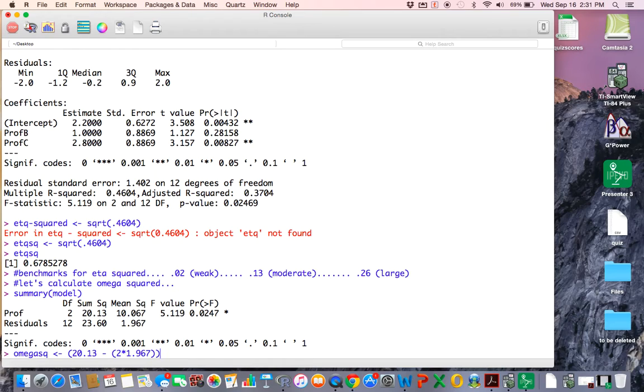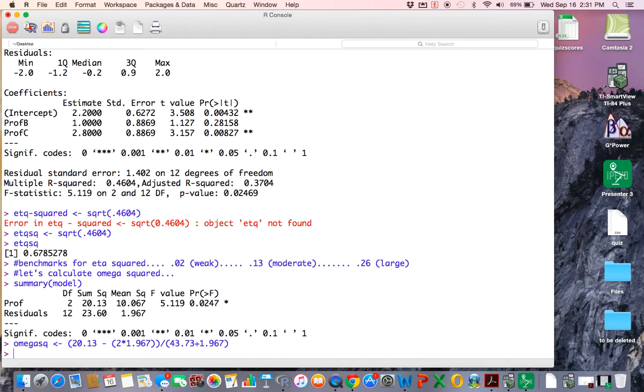Now, we need all of that divided by the sum of squares total. Your output doesn't give you the sum of squares total, but we can do some mental math here. We can add the sum of squares between and the sum of squares within, so 2043.73, plus the mean square within, 1.967.